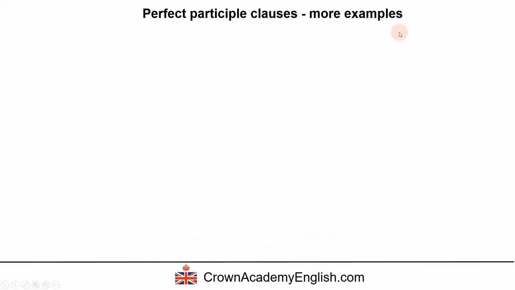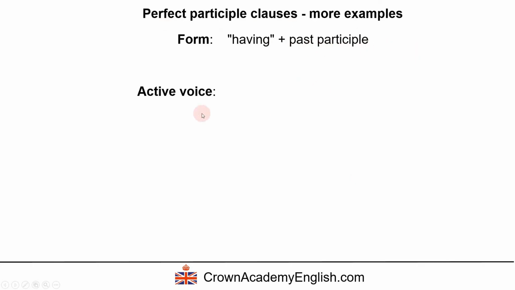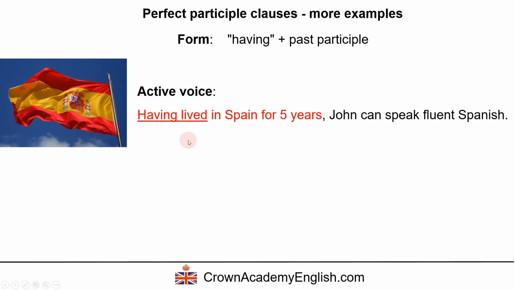Let's look at two more examples of the perfect participle clauses. So just a quick reminder, the form is having followed by the past participle. So in the active voice, having lived in Spain for 5 years, John can speak fluent Spanish. Okay, so we could say here, since Mark has lived in Spain for 5 years, he can speak fluent Spanish.